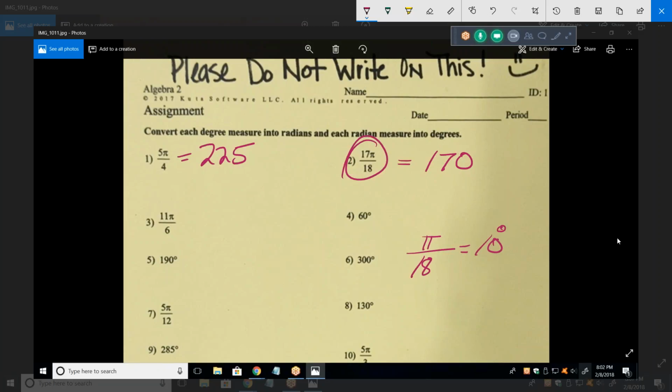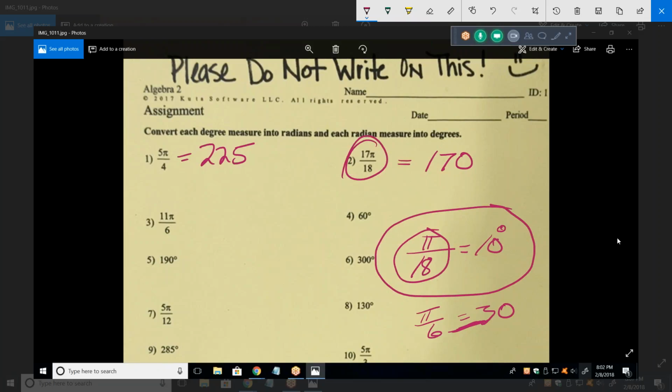But if you know these basic ones, and you knew that pi over 6 was 30, notice the 6 times the 30 is 180. So I didn't know what pi over 18 was. I just knew that whatever it was had to multiply 18 and get 180.